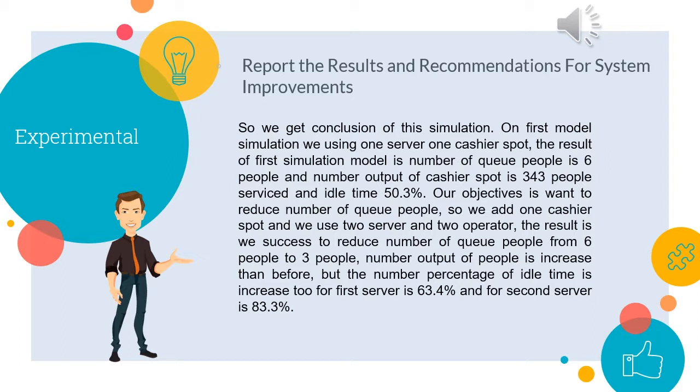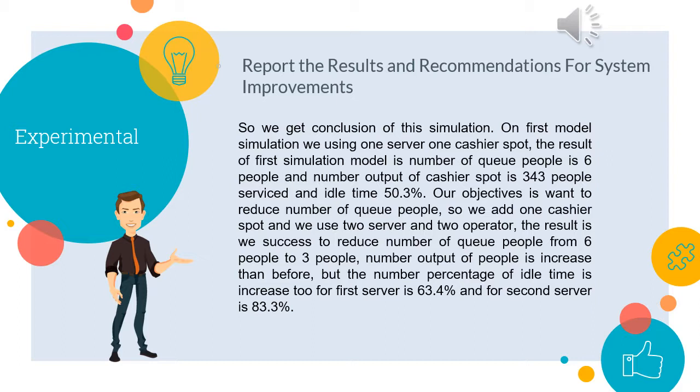Our objective is to reduce the number of queuing people. So we add one cashier spot and we use two servers and two operators. That is our improvement, represented by the second simulation.